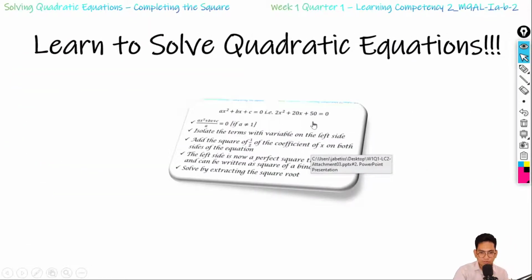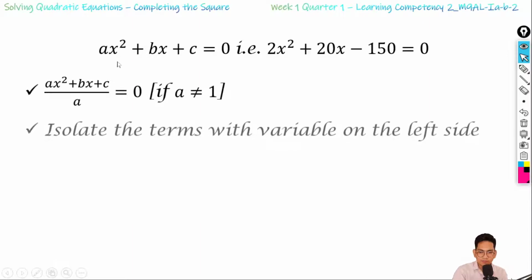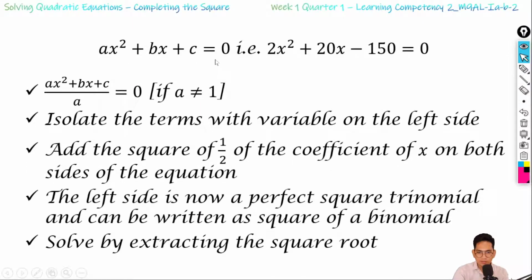Now, let us learn to solve quadratic equations. What are the steps that we have done on the previous activity? So again, we have ax squared plus bx plus c is equal to 0. Our illustrative example here is 2x squared plus 20x minus 150 is equal to 0. Now, if a is not equal to 1, there is another step here that we have to divide both sides by a.